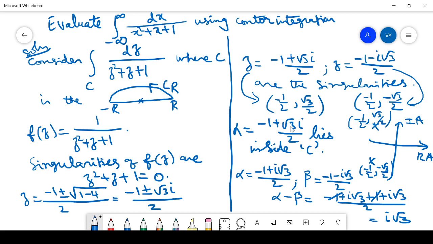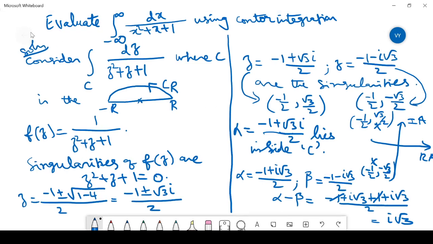Now we have calculated the singularities, and I have to find the residue at the singularities. Both singularities are not required because out of the two only one lies inside C. So I will find the residue of the given function at z equal to minus 1 plus root 3 i by 2, namely alpha.